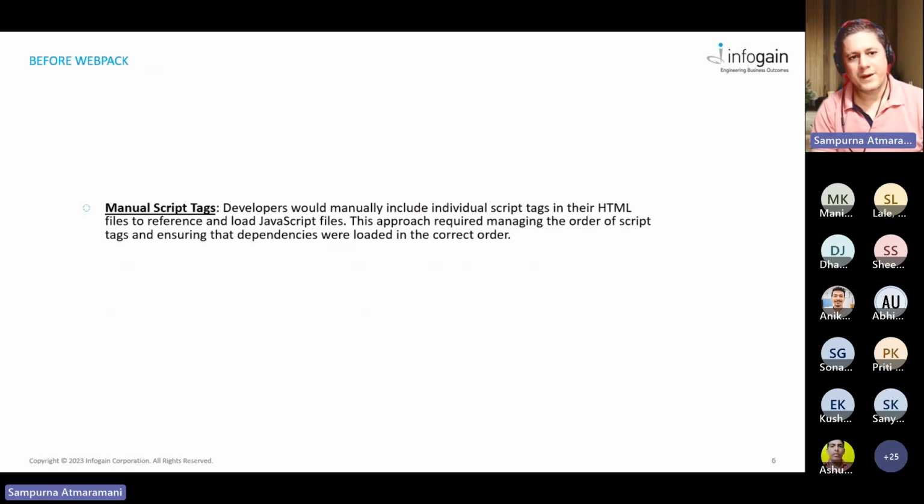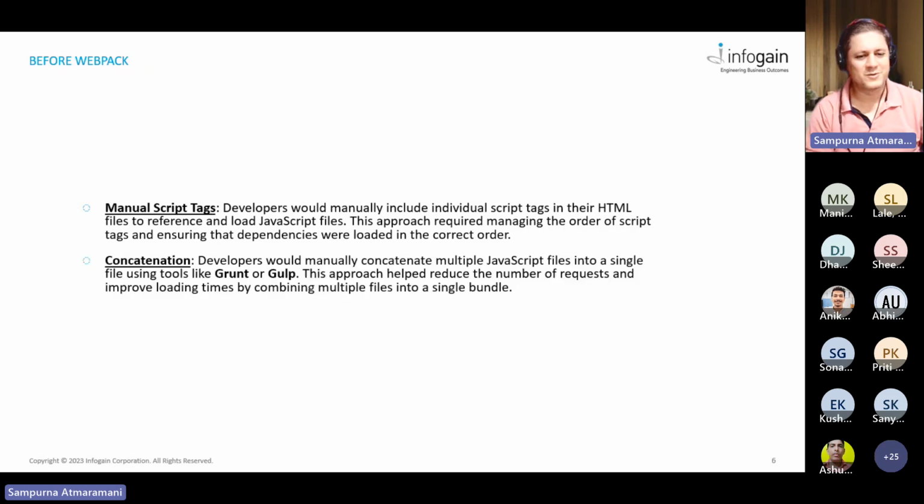Before Webpack, this section will tell you what used to happen. Before Webpack, if you remember, we used to write manual script tags and manually include the JavaScript files, right? If there are 10 JavaScript files, we used to write script src equal to something .js, right?